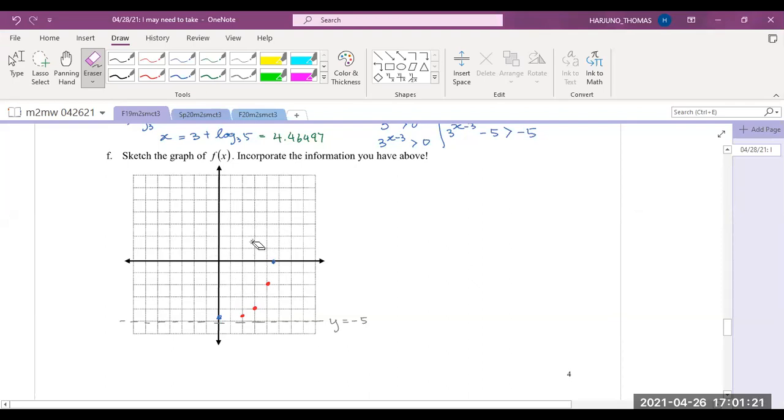And move them 3 units to the right, 5 units down. Now we get this graph. And I still need to go to the left here. Yeah, that's what it looks like.